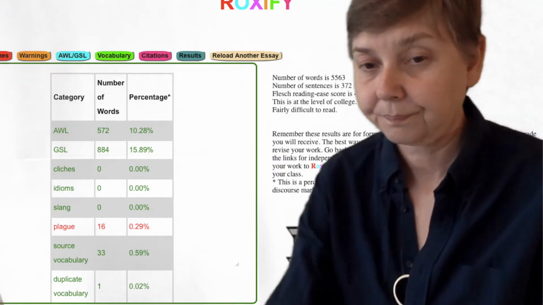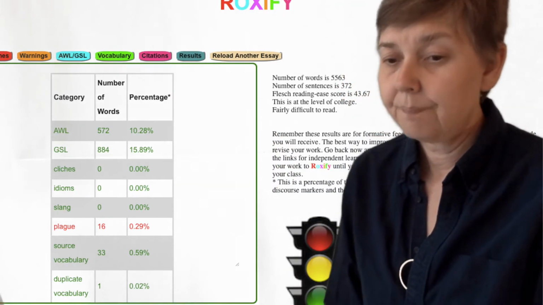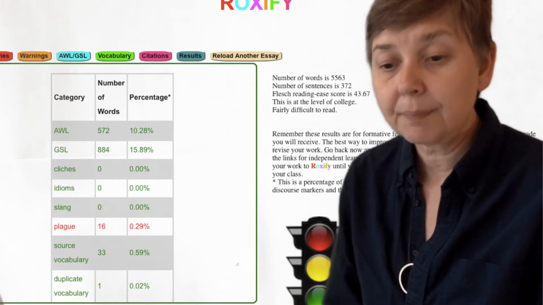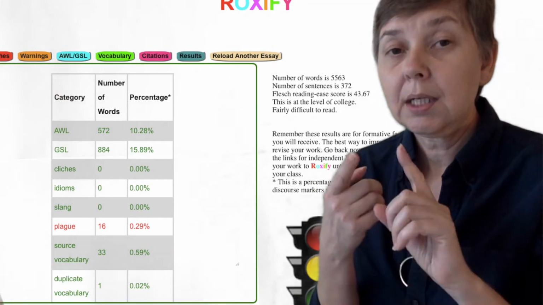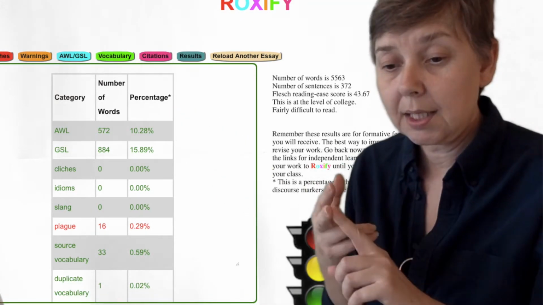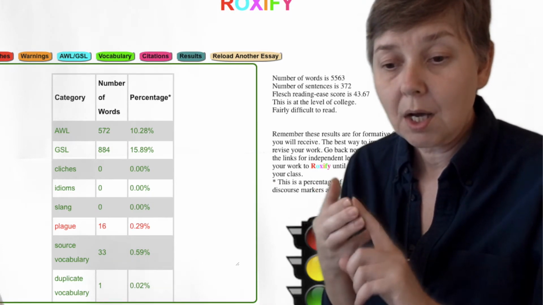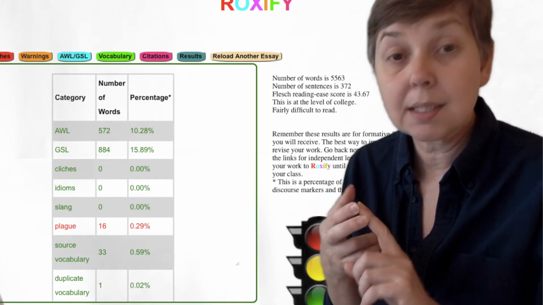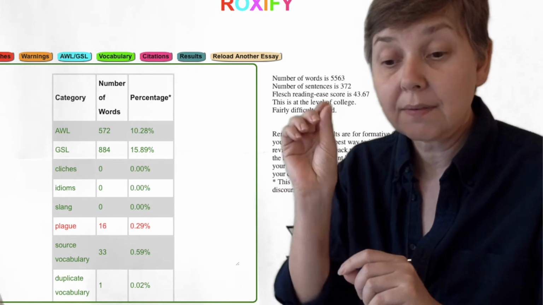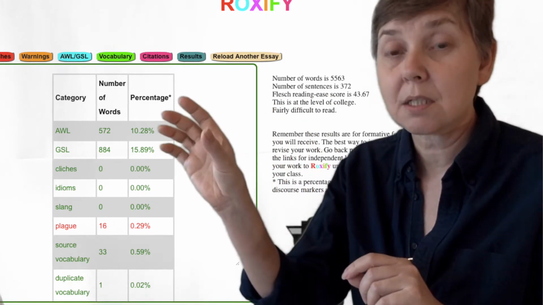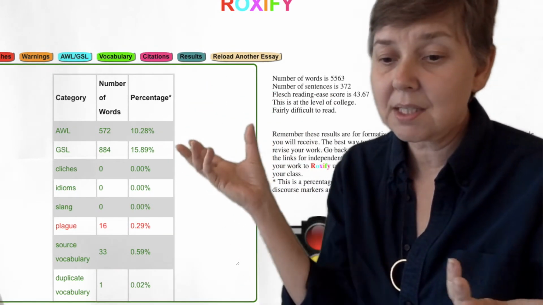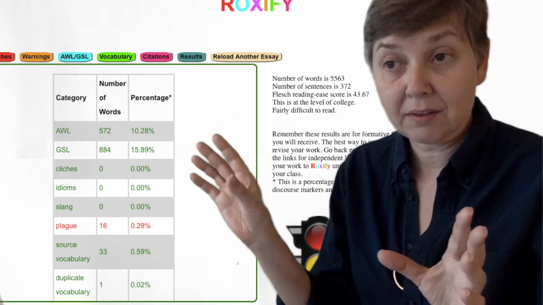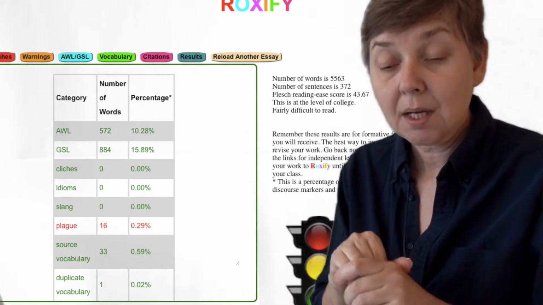All right? Now, I just want to tell you a couple of items that we have in here. Key vocabulary and discourse markers are given to you as the number of instances and the percentage of the paper. The percentage in this case means absolutely nothing. Don't worry about it. All right?